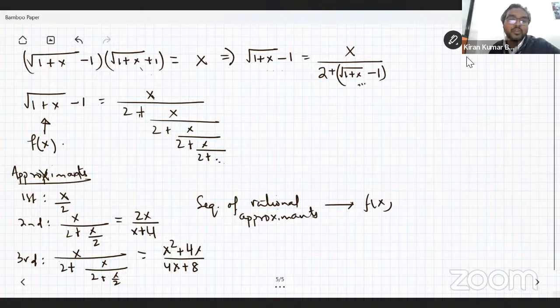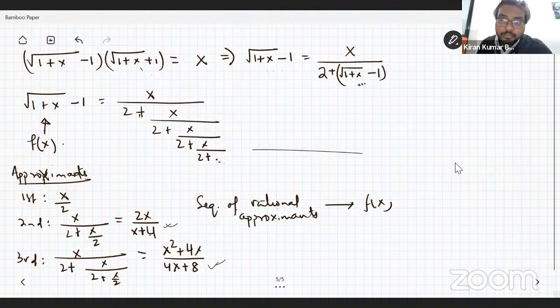So you substitute the value of x, let's say x equal to 1, or anything, on the right hand side, and you will get a sequence of rational numbers that converges, if I put x equal to 1, to the irrational number √2 − 1. So this is the idea.